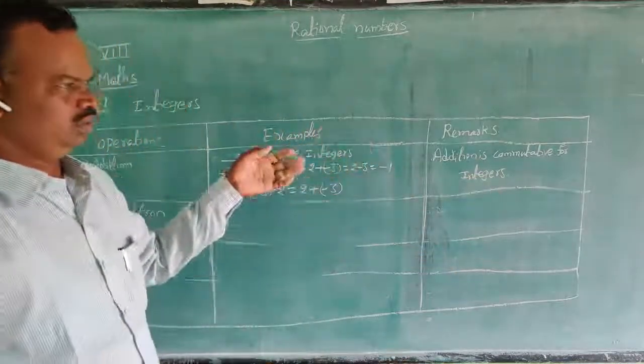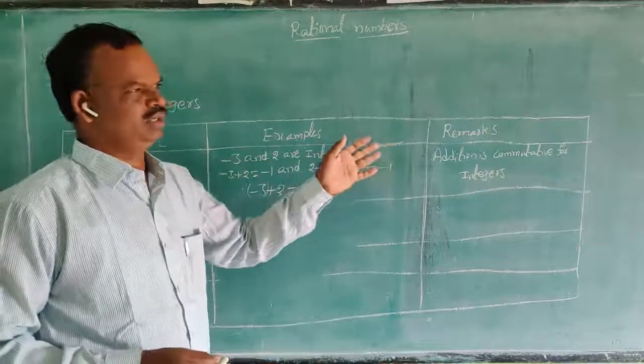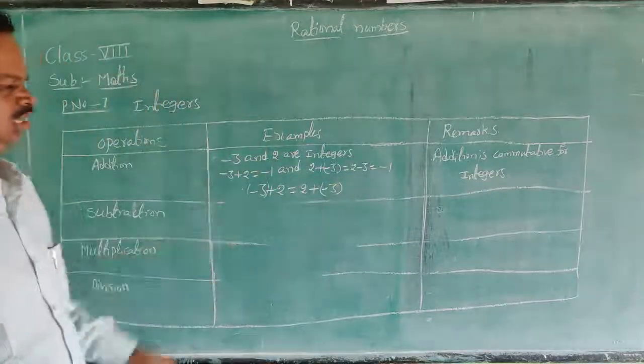In the previous table, addition is commutative on whole numbers. It is also commutative on integers.